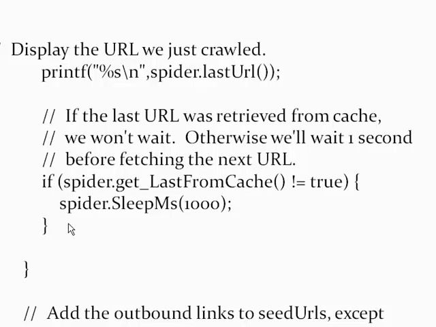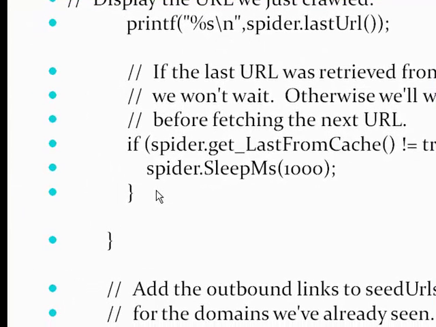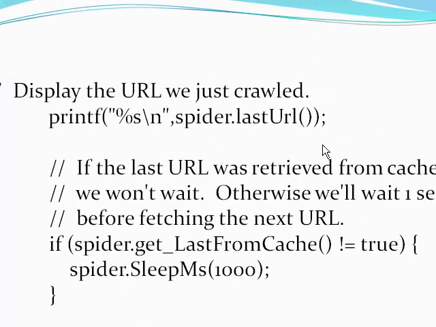There is an if condition, spider.LastFromCache. The LastFromCache is a boolean property, again read-only, equal to 1 if the last page spidered was fetched from the cache, otherwise equal to 0.